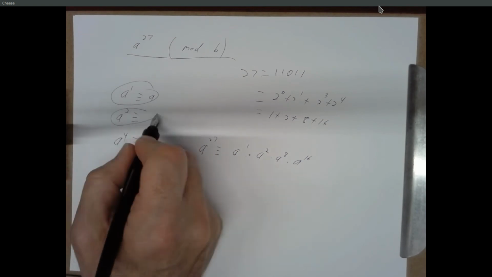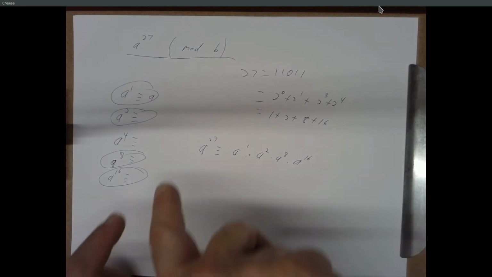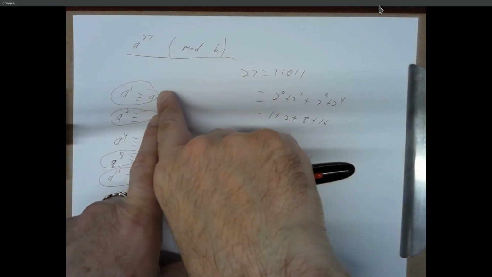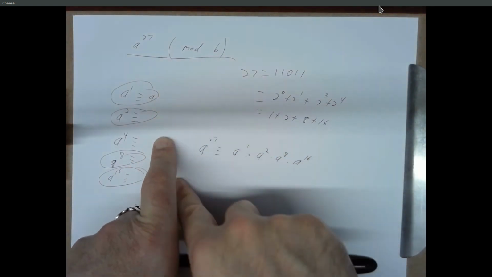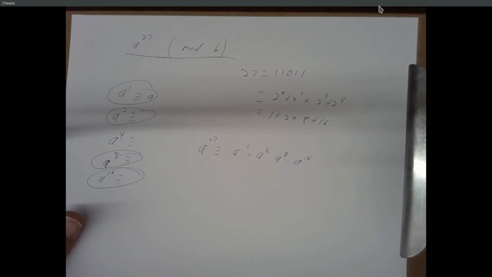So take the terms that you calculated that correspond to that and multiply them modulo b, and you're done. And if you keep reducing modulo b, again, you never have to work with anything bigger than b minus 1 squared. So you've done problems like that. We've done problems up here like that. The other trick we talked about was Fermat's Little Theorem.